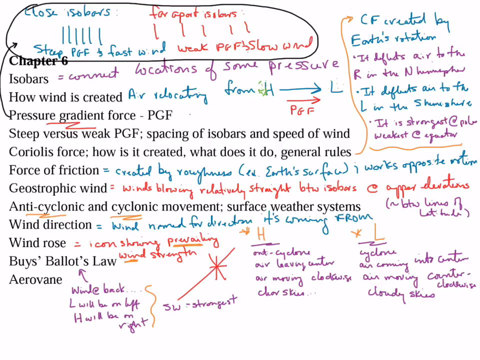We'll add it on here. A device that resembles a wind vane with a propeller at one end, used to indicate wind speed and direction. Okay, excellent. So I'll just put gives wind speed and direction.